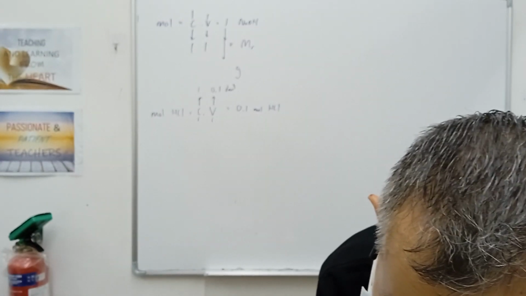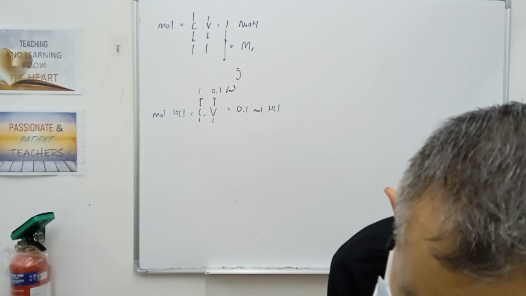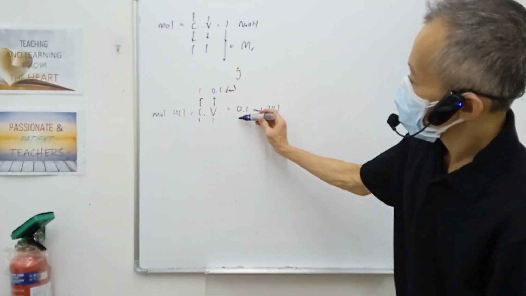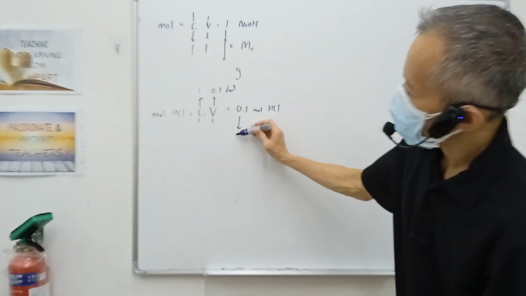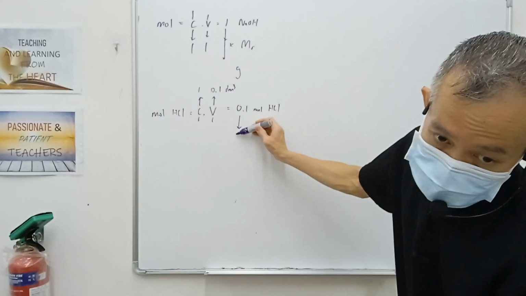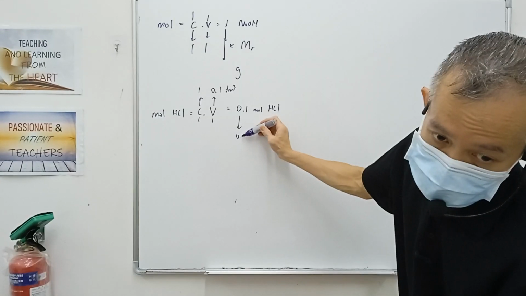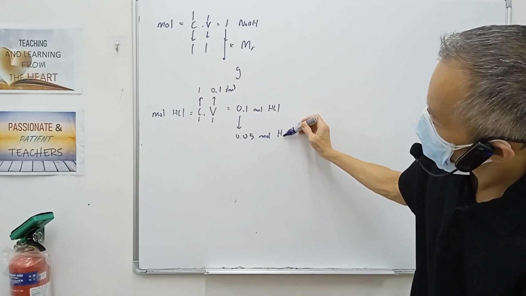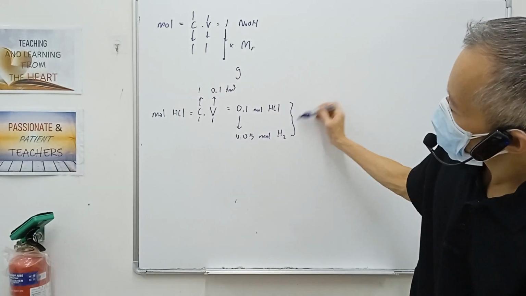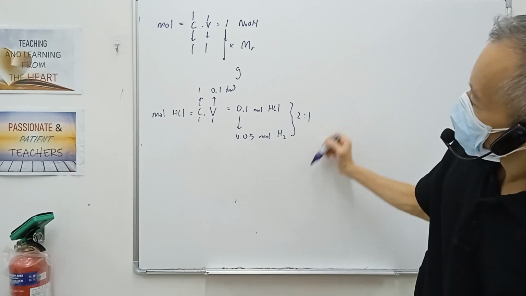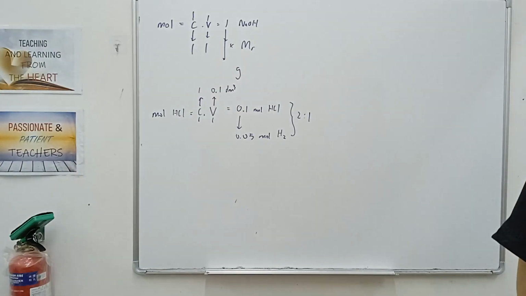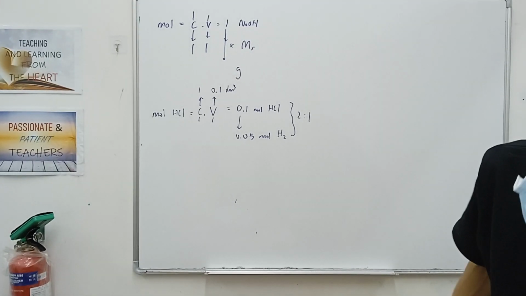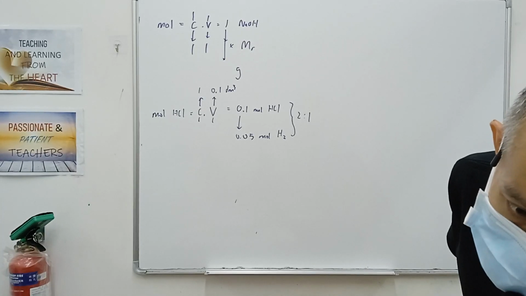Okay, and how much H2 are you producing? So, therefore, 0.1 mole of HCl will produce 0.05 mole of H2 because the ratio is 2:1. Okay, HCl to H2 is 2:1 based on the equation. I hope you noticed that. What else? But that's not the answer. You still want to find volume?